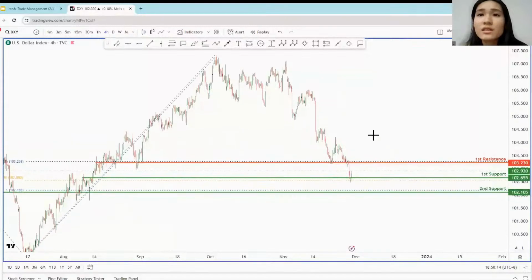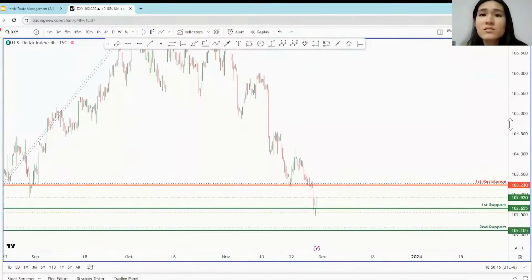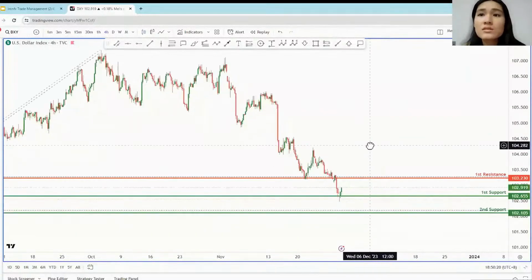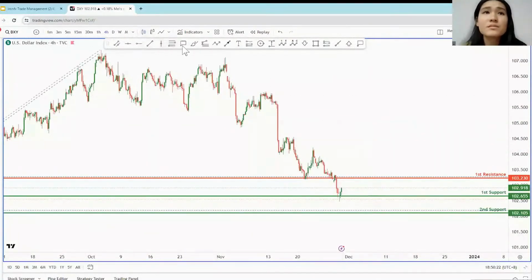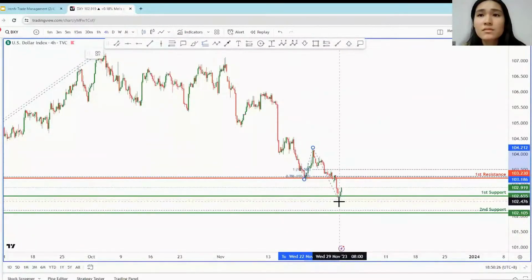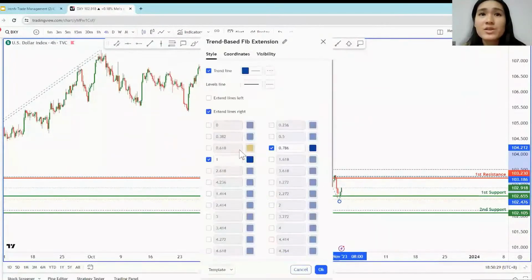Okay, and I think that's all the levels that we have. Okay, I have a 78.6 there as well.